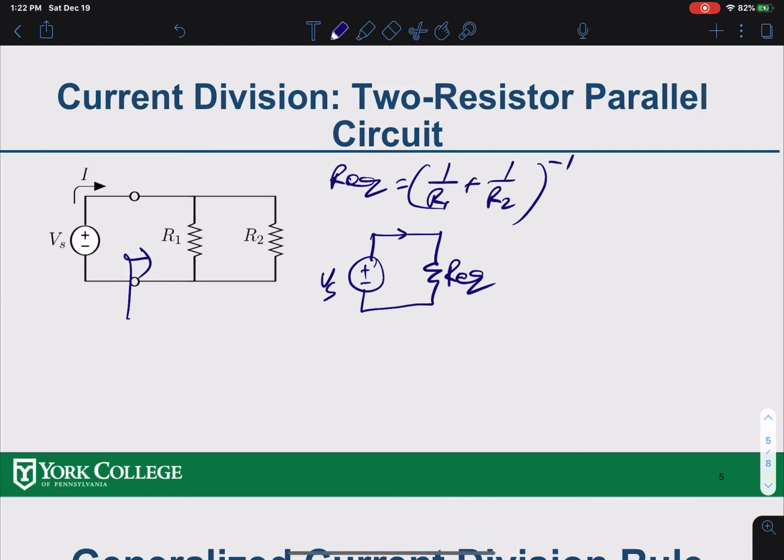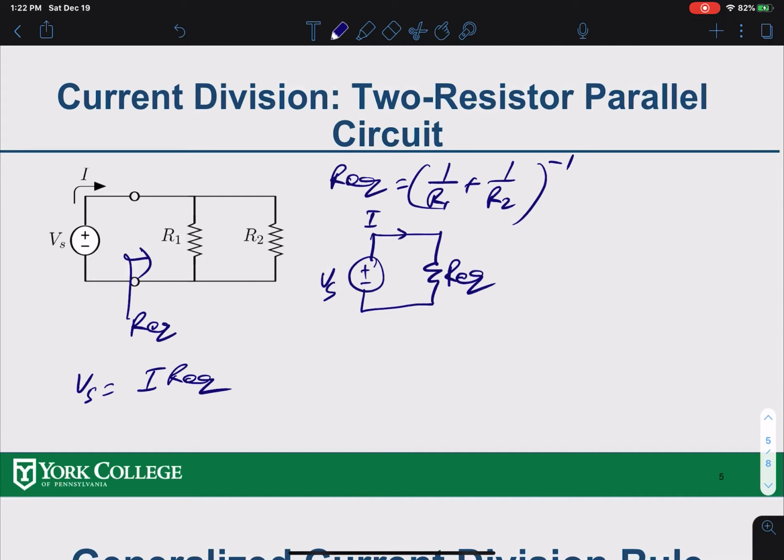Now, if the current here is I, the same current is also here. You can express your Vs as I R EQ. From this circuit, you can see that Vs is I R EQ.